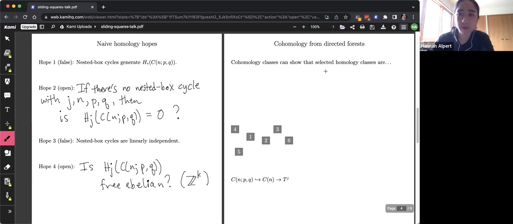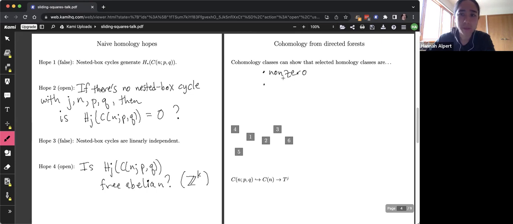For instance, if you have a homology class constructed using a torus, one of these nested box cycles, or something else, and we want to show that it's non-zero, then one simple way to show that it's non-zero is to exhibit a cohomology class that pairs with it and gives something non-zero.